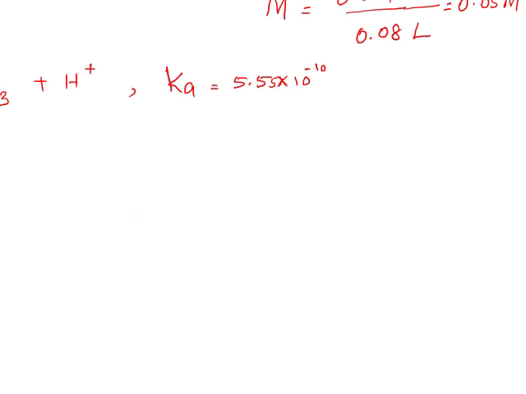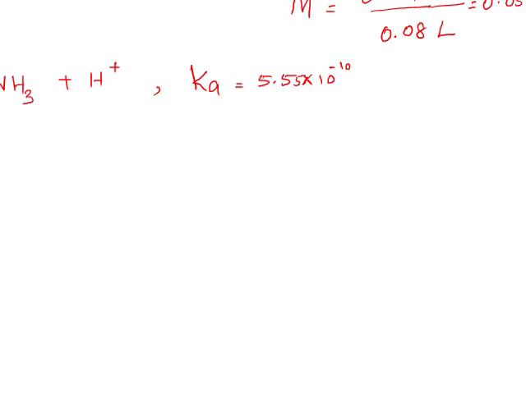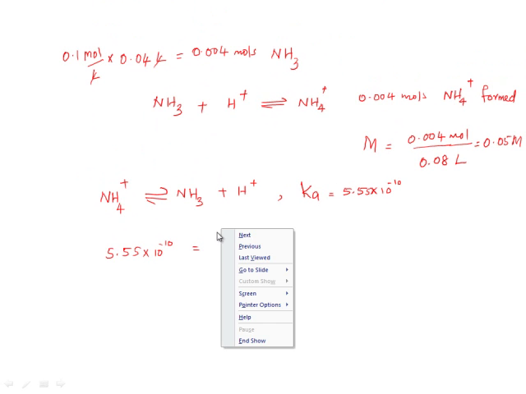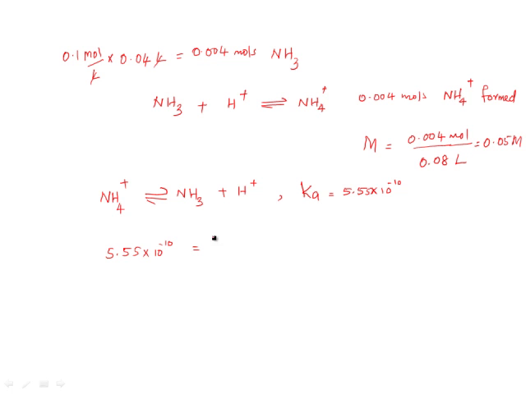If you substitute things into Ka, you get 5.55 times 10 to the power negative 10 equals, how do you write the Ka expression for this? NH3 is represented as x, H+ is represented as x. When you multiply those two, you have x squared divided by the NH4+ concentration, 0.05. Now go ahead and solve for x.